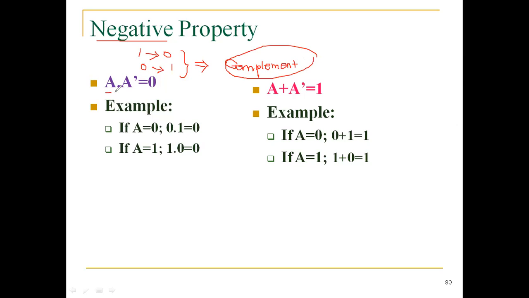So if I assume any variable and its complement is multiplied, the result equal to 0. That is a dot a bar equal to 0. Its justification is here. Similarly, logical addition, a plus a bar is equal to 1. In some books the same thing is written like this, a plus a bar, so it is also correct, equal to 1. So a dot a bar equal to 0, a plus a bar equal to 1. This is also an important property.